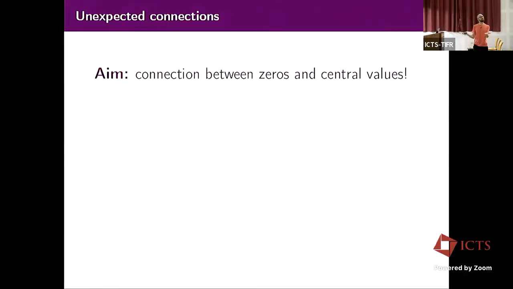Okay, so the aim of my talk today is to explain that these two results are connected, and basically we can deduce one from the other, or partially one from the other, and I'm explaining that now.